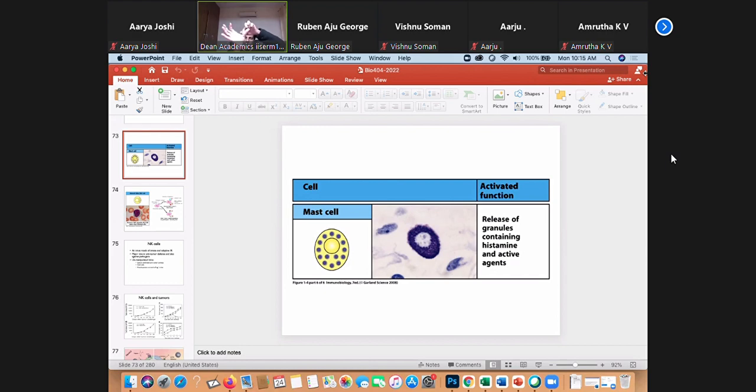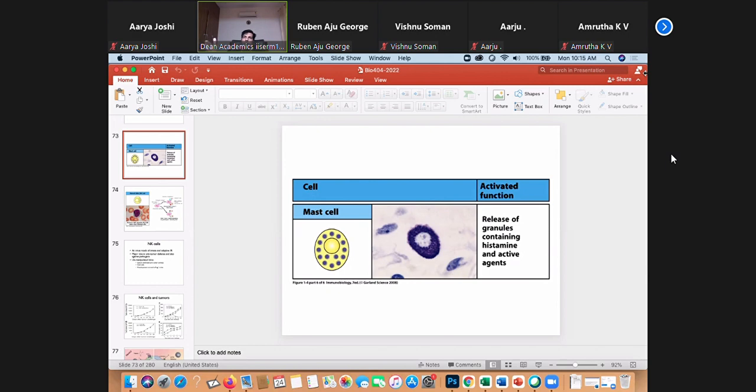It predominantly binds to IgE, which has an Fc portion as a constant chain, which we call epsilon. There are 3 stages of induction of allergic responses: first sensitization, then induction, and then a long-term propagation.